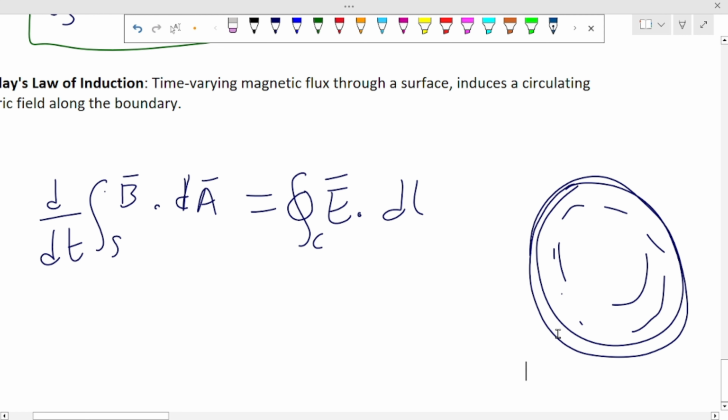Are we getting it now? So imagine this as a plate, or just a flat surface. All the magnetic field in this surface induces what? A circulating electric field along the boundary.